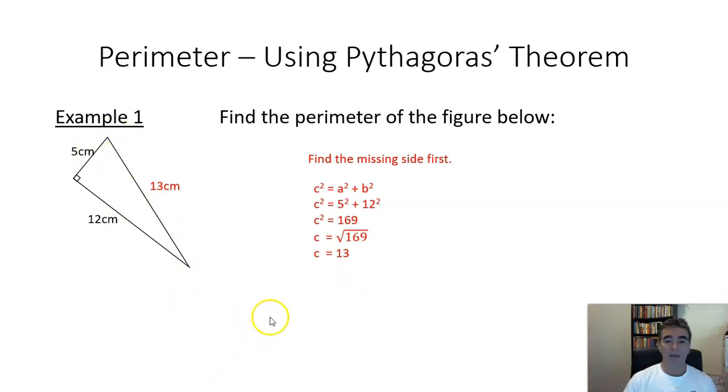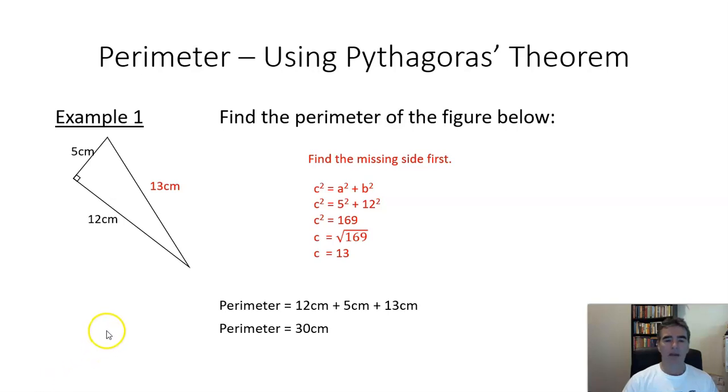So once we have all of our sides, we can then find the perimeter by starting at one of the vertices. So in this case, starting here, moving along 12 centimeters plus 5 centimeters plus 13 centimeters. And once we've done all of that, haven't missed any of the sides, we find that our perimeter is 30 centimeters.